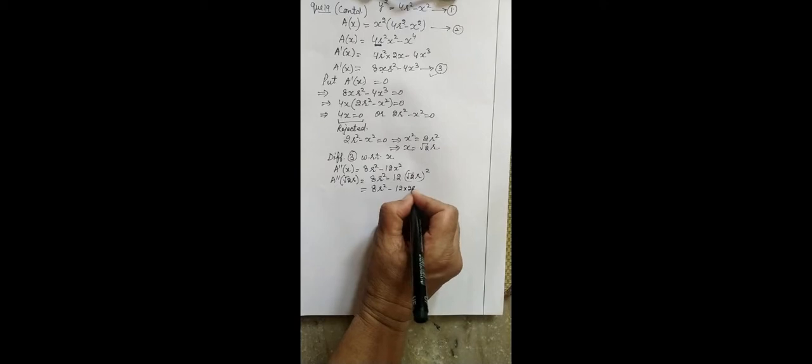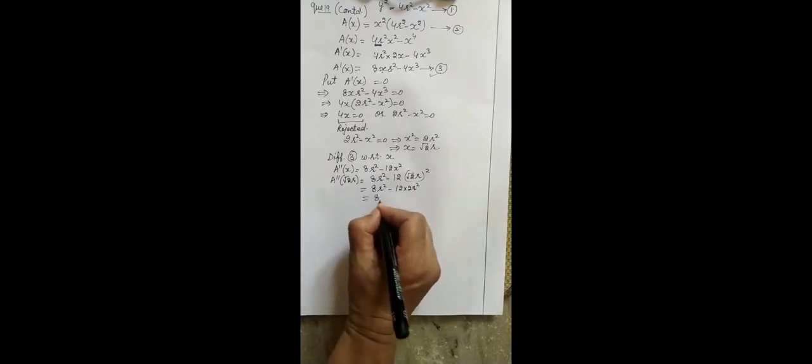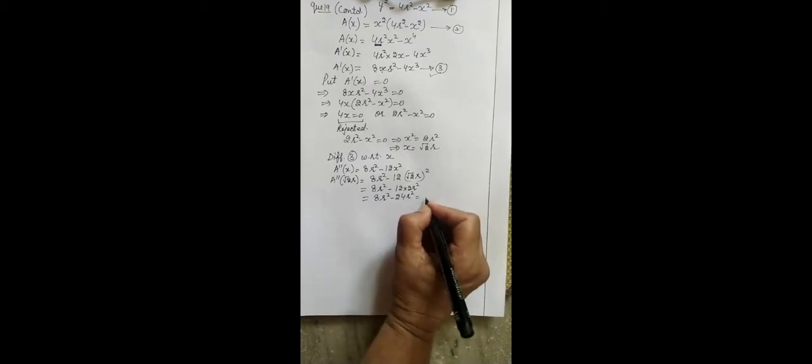Now let us find out the value of the double derivative when x is equal to root 2 r. So substituting root 2 r in place of x, it will be 8r square minus 12 into 2r square, which gives me 8r square minus 24r square, which is minus 16r square, which is a negative quantity.